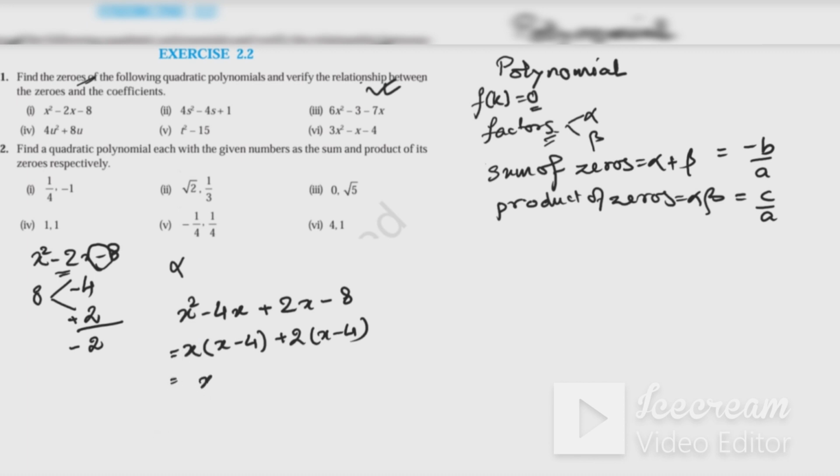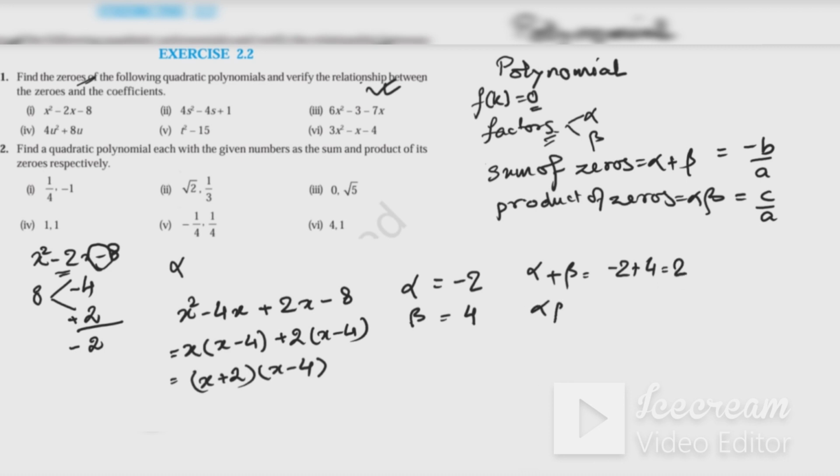Okay, so I can write this as x plus 2 and x minus 4. So what is my factor? I say alpha is equal to minus 2 and beta is equal to 4, right? So now what is alpha plus beta? Alpha plus beta is minus 2 plus 4, which is equal to 2. And what is alpha beta? Minus 2 into 4, which is minus 8.